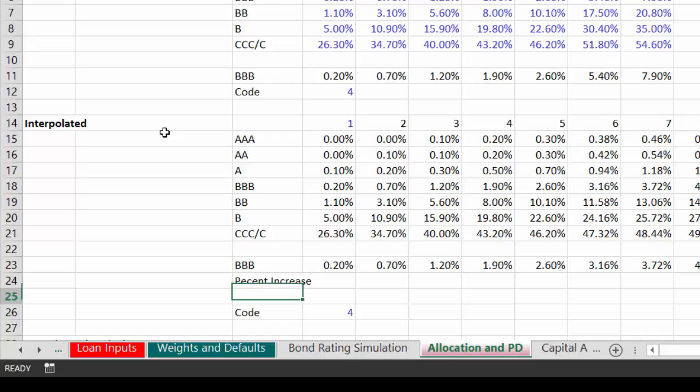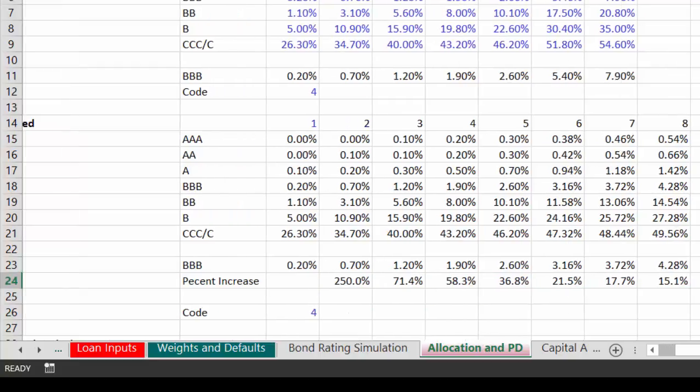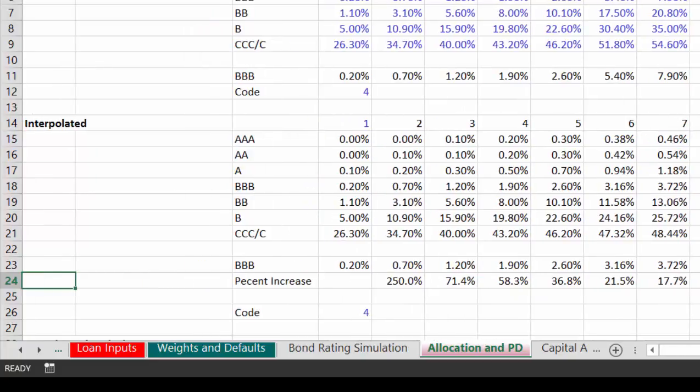How much does the probability of default increase over time? And if you take this divided by this minus 1, that's the percent increase, shift control R. And if it's triple B, you can see the percent increase, how much the cumulative probability increases over time.